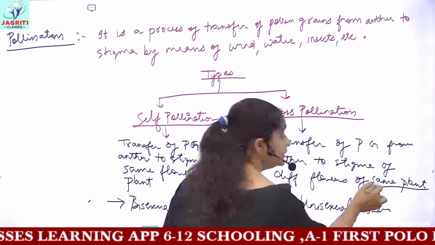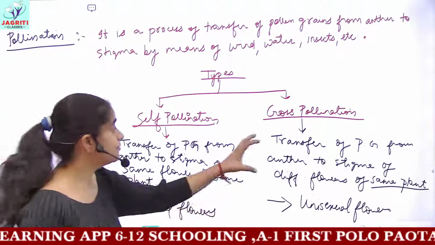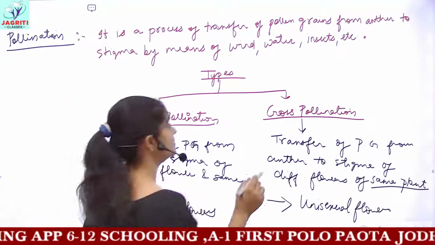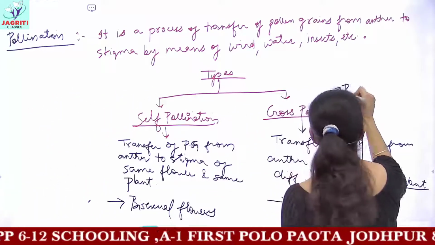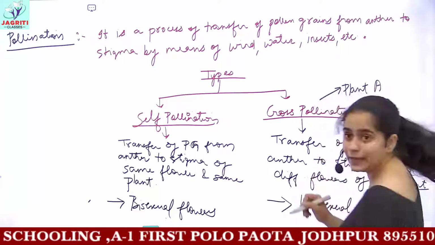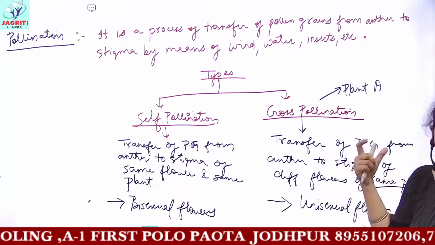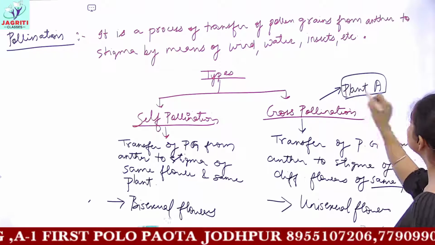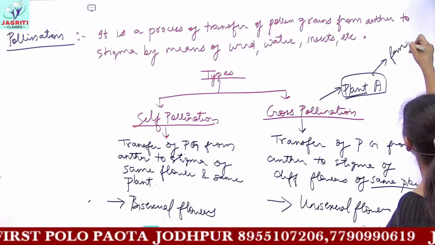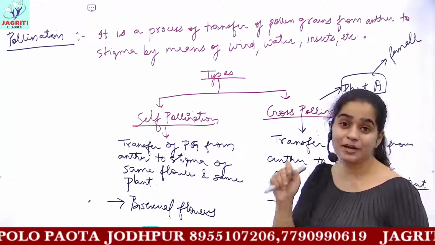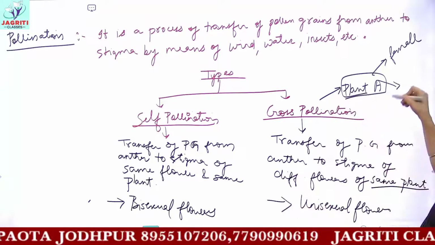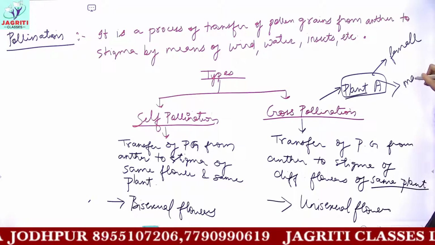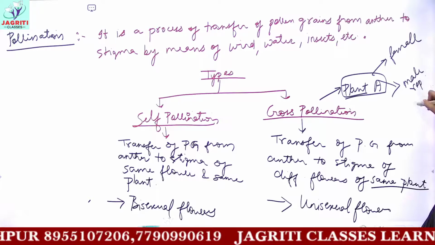We have written same plant here because the flowers might be unisexual, that is, let's suppose you have a plant A, okay, and you have 10 species of this plant A. In these 10 species, some of the plants would have the female reproductive part and the next plants would have the male reproductive part in them.